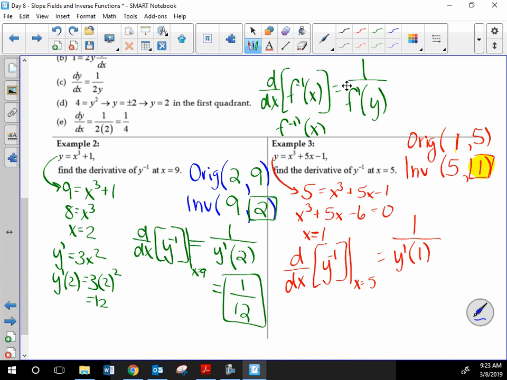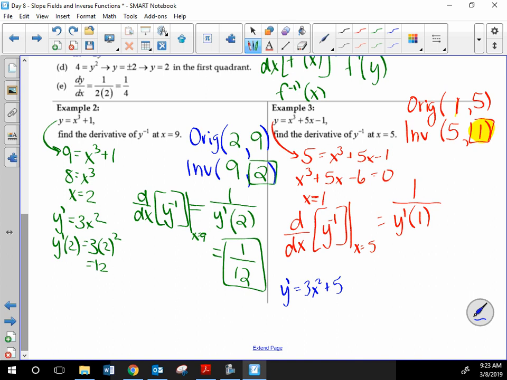Should have done that before, and that's okay. My derivative is 3x squared plus 5. I need it at 1. f prime of 1 is 3 times 1 squared plus 5. What does that give me? 8.